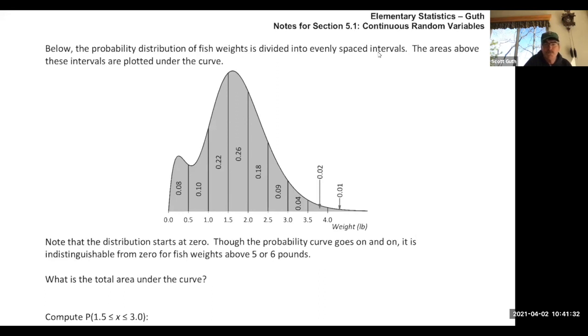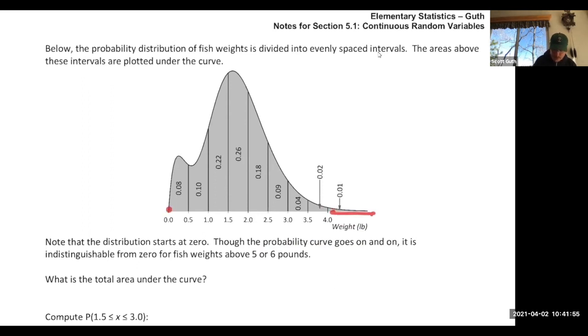Okay, it says note the distribution starts at 0. That makes sense because fish cannot weigh negative amounts. Okay, the curve does go on and on the right side. That's actually kind of important because we don't want to make a commitment about the heaviest fish in the lake because nobody knows, right? So it's good to let the curve go.